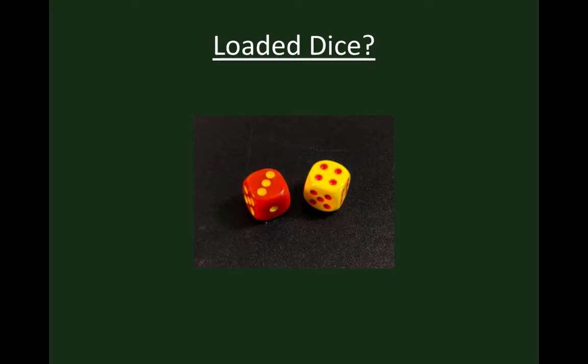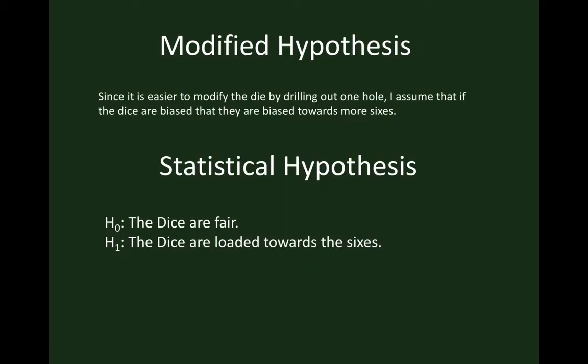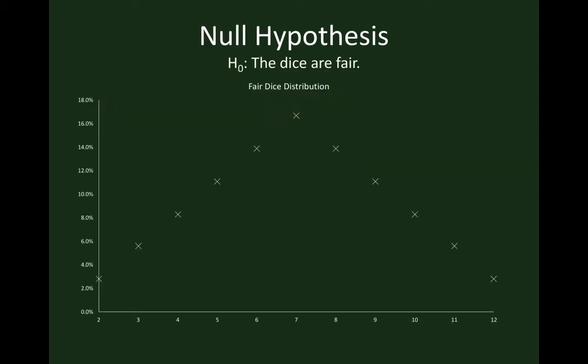And so we're going to just think about this narrower statistical hypothesis. We're going to assume that if the dice are biased, they're biased towards more sixes. That modifies our statistical hypothesis a little bit. We still assume in the null that the dice are fair, but in the alternate now, we're going to be specific and say the dice are loaded towards the sixes.